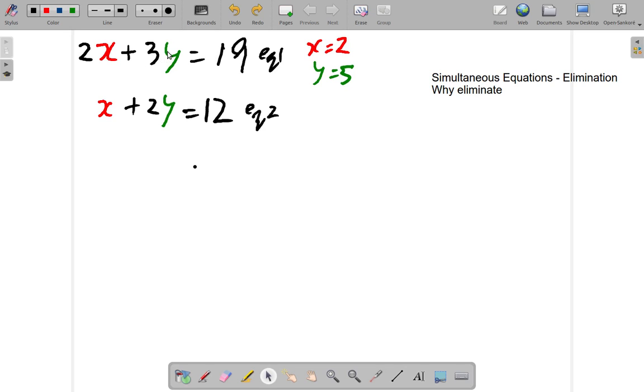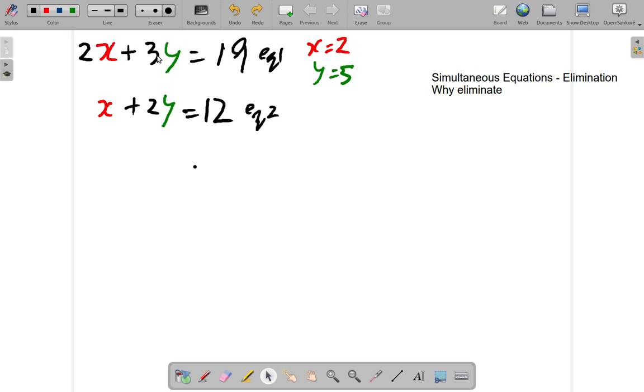First of all, to eliminate means to get rid of something. Now, we can work with only one equation at a time. What is it that we need to eliminate? We need to eliminate either x or y.